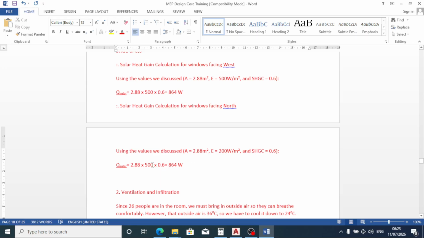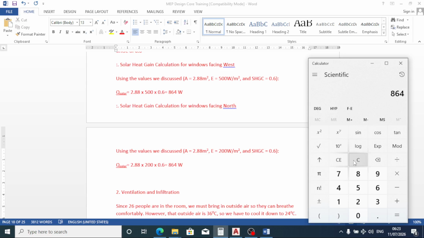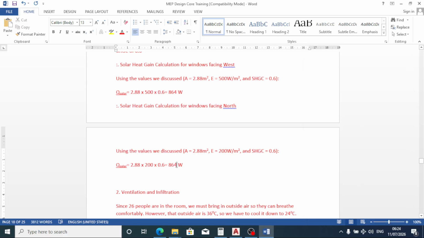So we are going to have 345.6. Should we round it or just leave it?